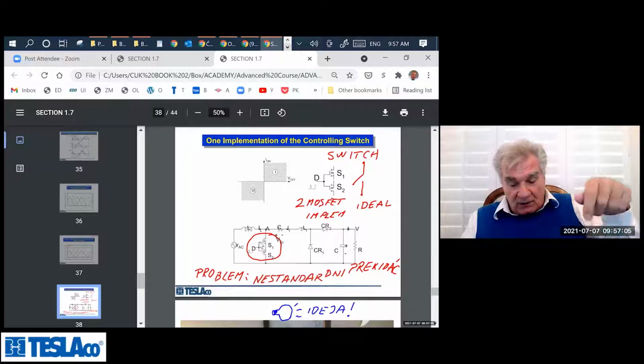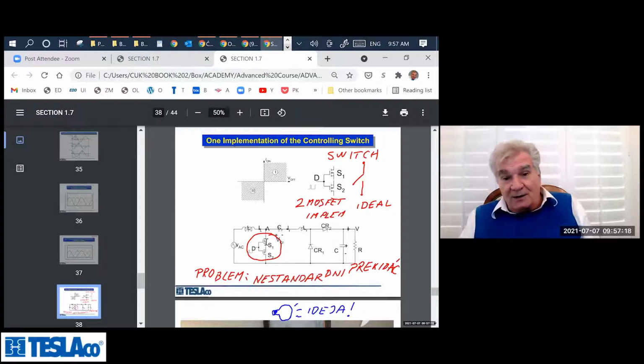Each IGBT has an effective diode in series with it, and putting two in parallel makes the main switch, which is wasteful. So what we really need as the ideal switch is a voltage bidirectional switch, which makes sense, right? If you have AC line input, shouldn't this switch be able to work on the AC line?